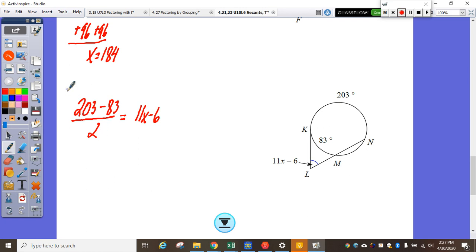I'm going to multiply 2 to both sides. And when I say 2 to both sides, I mean 2 to everything on both sides. Well, in this case, the 2's just cancel, so I have 203 minus 83, which is going to give me 120, equals 2 times 11x minus 6. And then we just distribute that 2, and then do the normal algebra here.